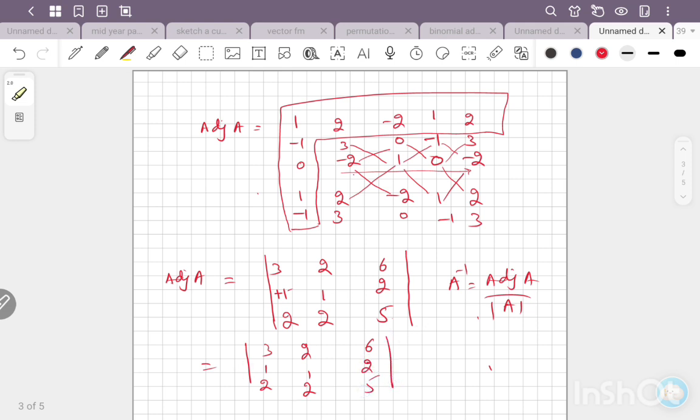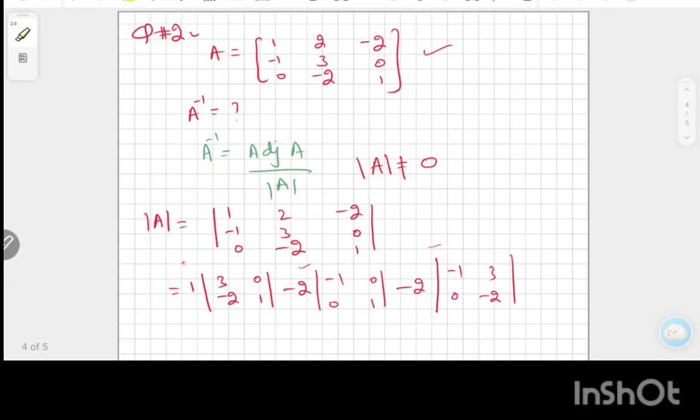A determinant is 1, so we write it 1 over 1, so we got the answer 3 2 6, 1 1 2, 2 2 5. This is our answer. Okay, dear friend, hopefully you can understand this method.